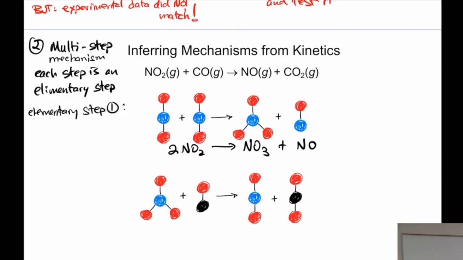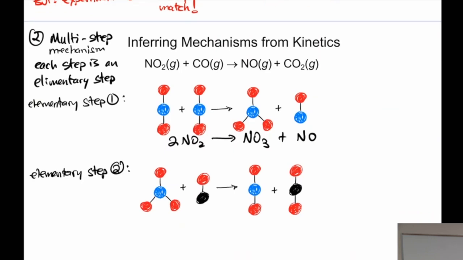Now I have a new elementary step 2, where I propose that we take 1 molecule of NO3 and combine that with a molecule of CO. That's new. We haven't seen that yet, but it's in our reaction up on top.